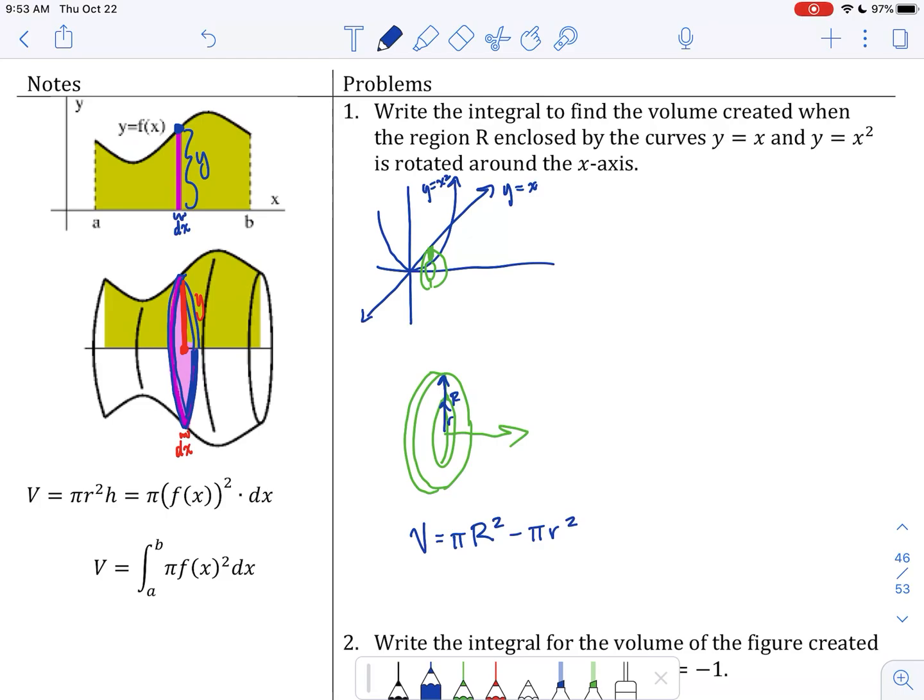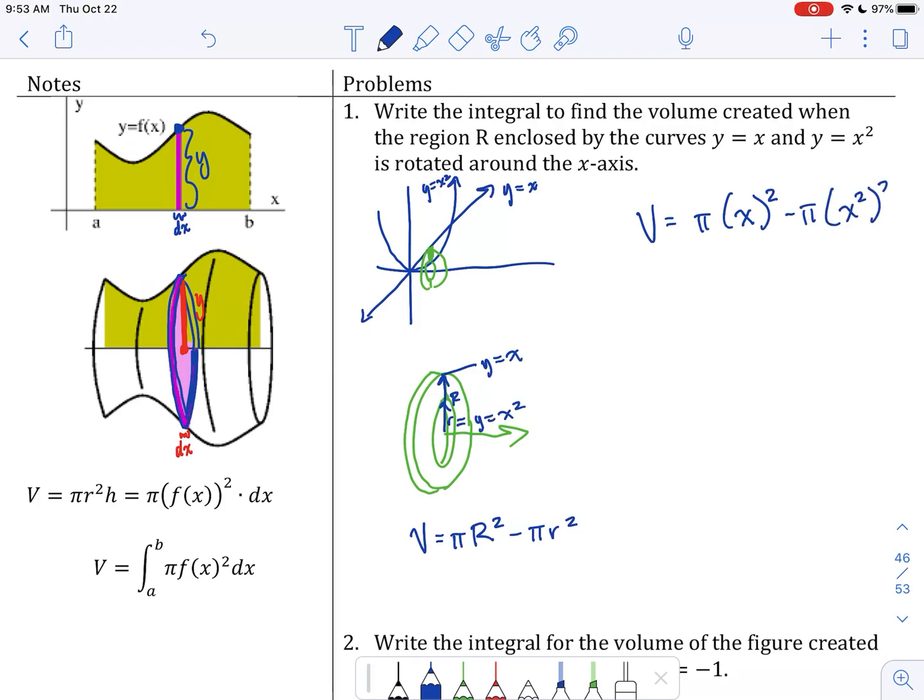Now, since they are defined by functions, this upper one being defined by y equals x based on the picture. So in the case of this function, the volume is equal to pi x squared, because that's big R, minus pi, and then the smaller radius here is y equals x squared.